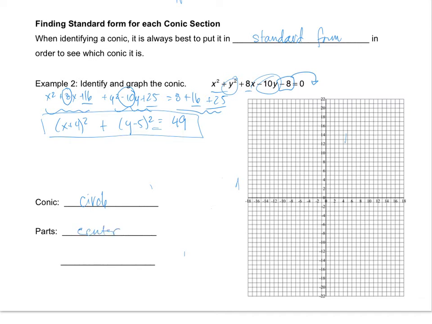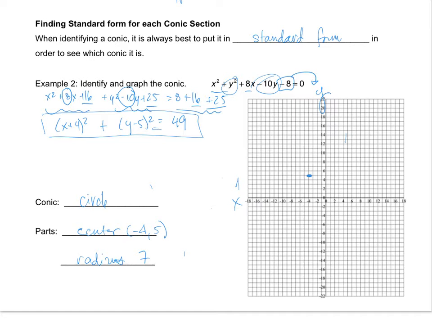Remember, that's (h, k), so that's going to be (negative 4, 5). The next thing we have to identify is the radius. So we look at the right-hand side, it's 49, take the square root of that, and it's 7. And we can graph our circle. Label our axes. Our center's at (negative 4, 5).